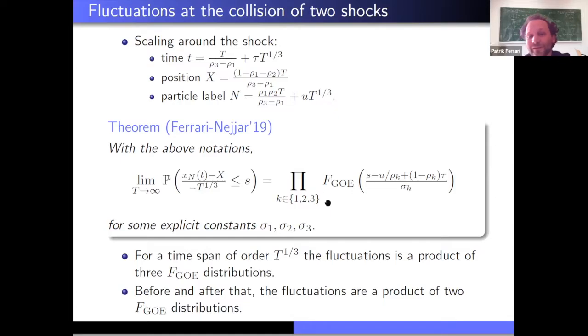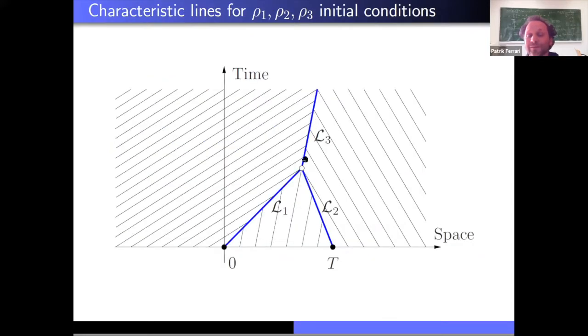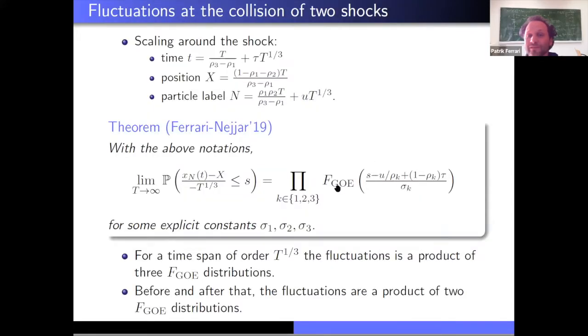And what we prove is that in this case, the triple shock or double shock, whatever you call it, the distribution function of particles in this neighborhood is given as a product of three distribution functions. And if you take some limit, for example, when tau goes to plus infinity and you follow this line, then you will see that one of these F_GOE will disappear, and you go back to the product of two of them.